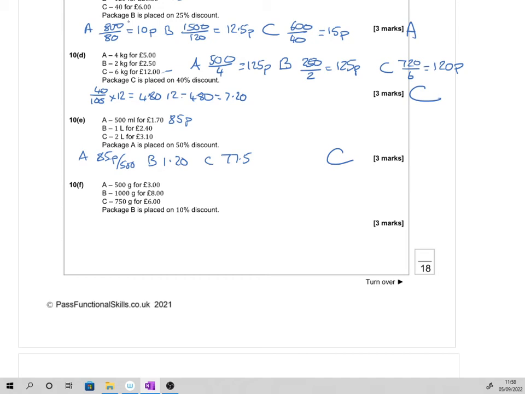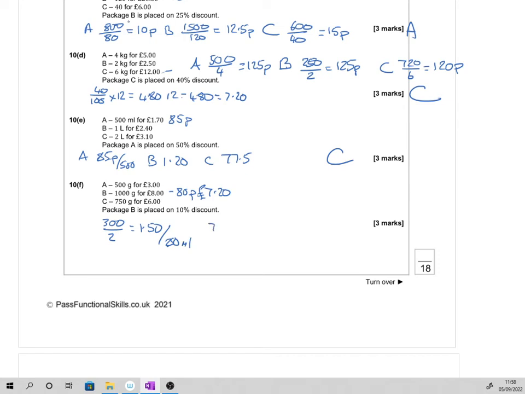This one, package B, is on a 10% discount. 10% of that is 80p. So take that away, it gives you £7.20. So we're going to do it per 250, yeah? So 300 divided by 2, we'll make it 250, is £1.50 per 250 mils.